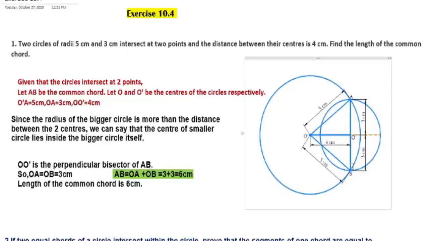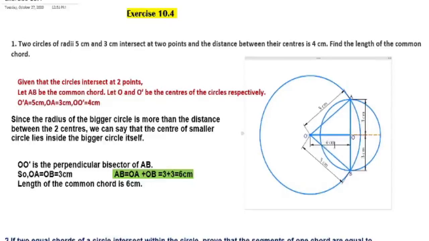A and B are 2 points that lie on both circles, which means AB is a common chord. Since the radius of the bigger circle is more than the distance between the two centers, the center of the smaller circle lies inside the bigger circle itself.